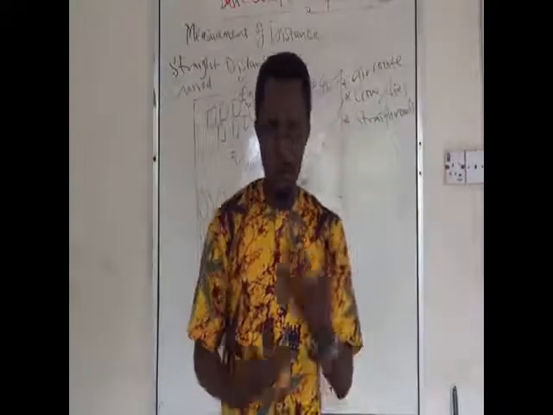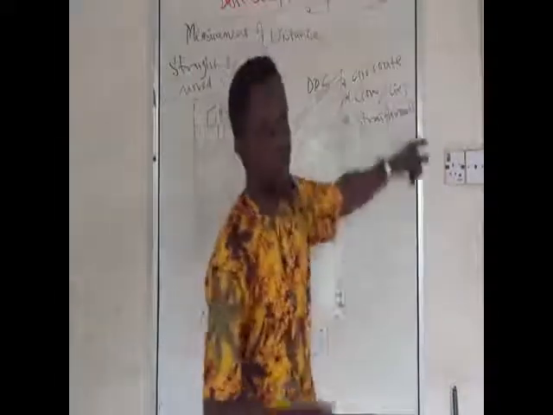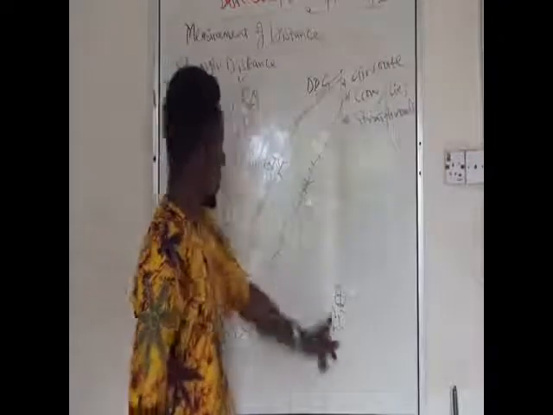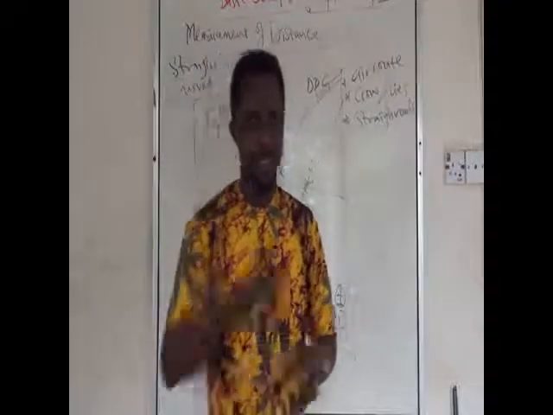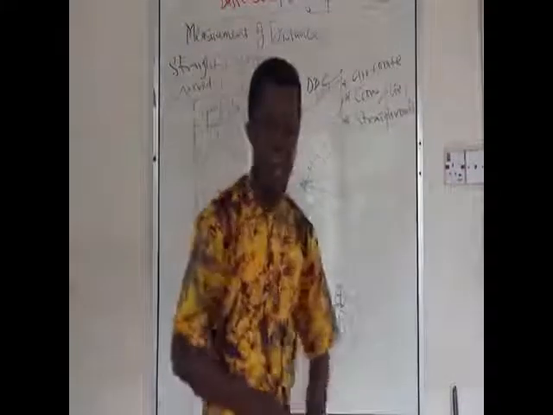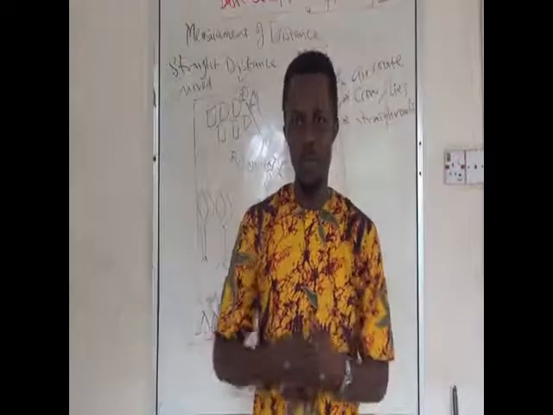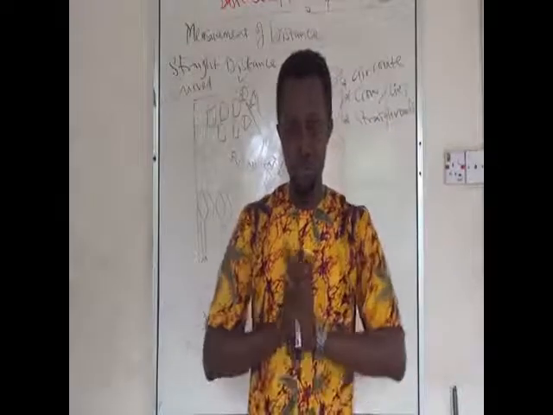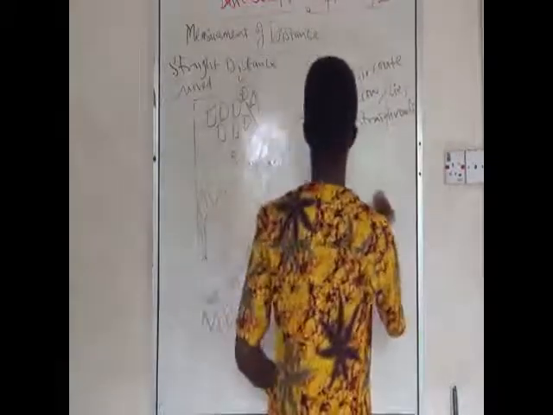So if you are confronted with a question, measure this distance as the crow flies from town A to town B, it's going to be a straight distance. Measure the distance of the air routes from town A to town B, it is going to be a straight distance. So if you are confronted with such a question, what do you do? The procedure is very simple. Let's see how it works.